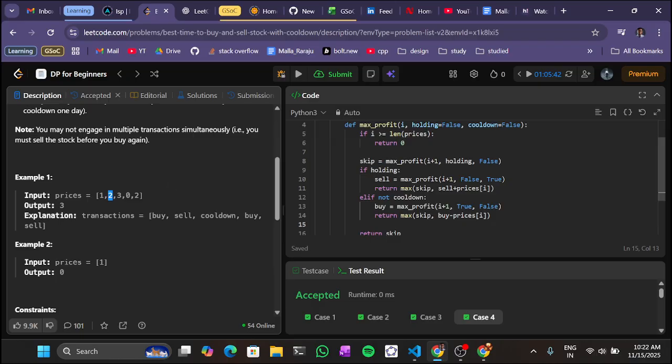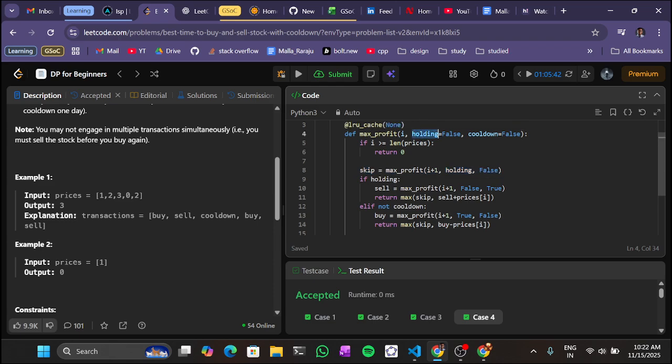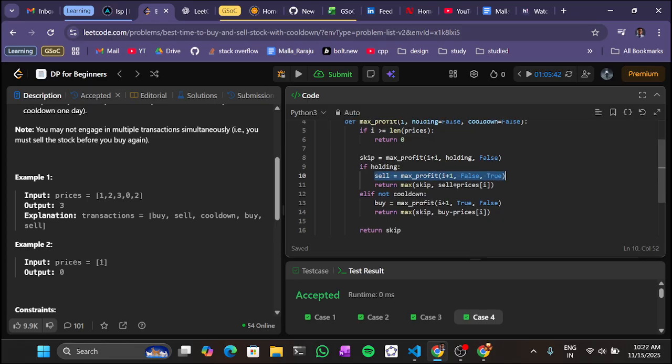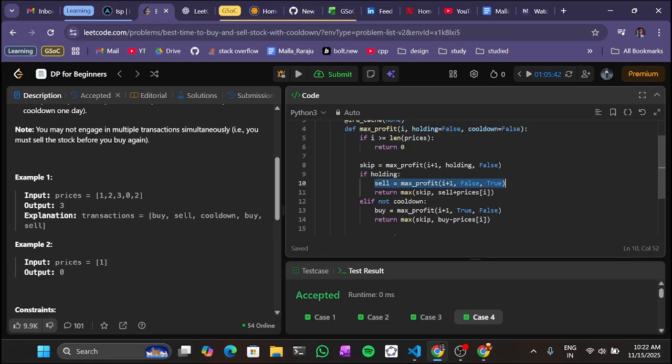We have skipping here, and if we are holding a stock, that means we can sell it. So I am selling it here, and since I am selling it, I turn the cooldown period on, and I cannot buy in the next step.